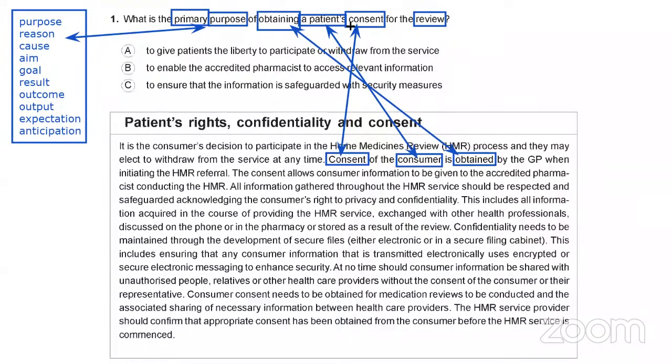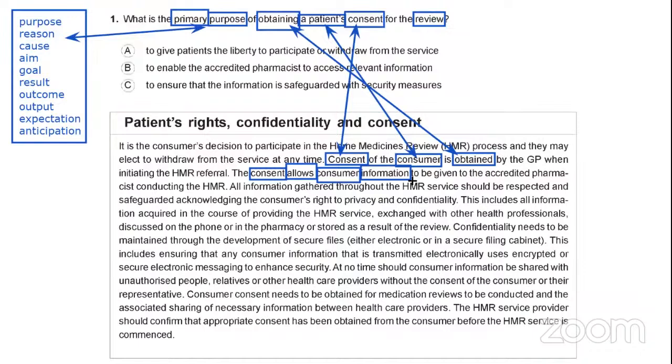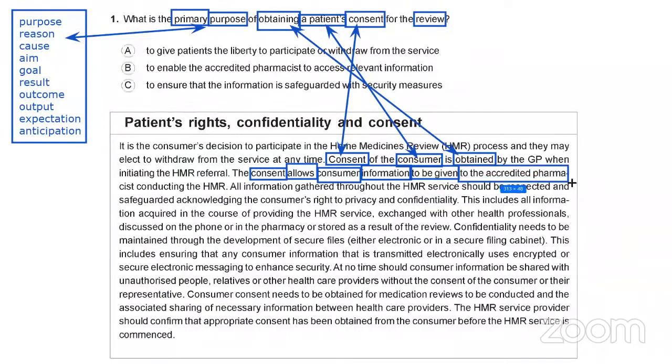Okay. The consent allows consumer information to be given to the accredited pharmacist, to the accredited pharmacist.